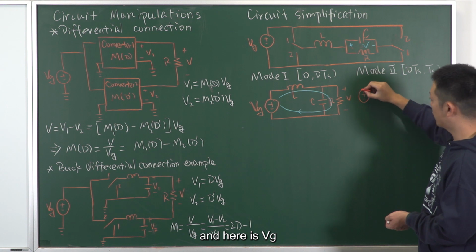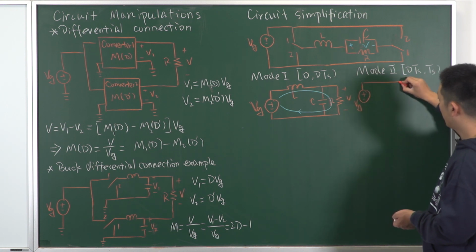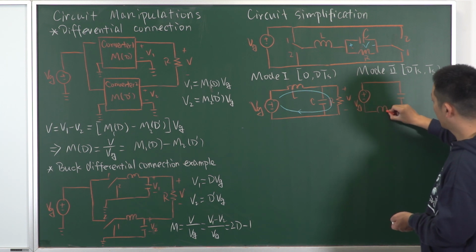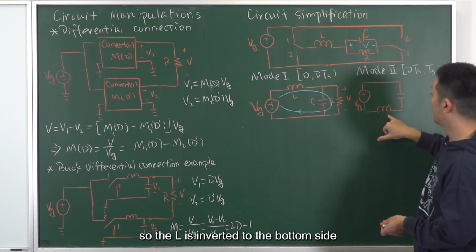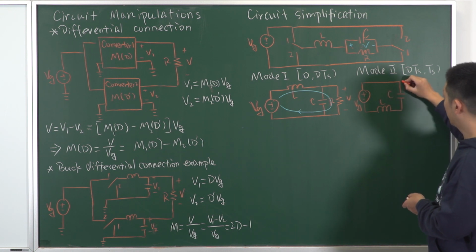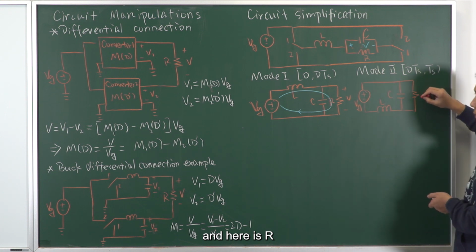Right here is Vg. So it's like inverted. The L is inverted to the bottom side, C, and then here is the R.